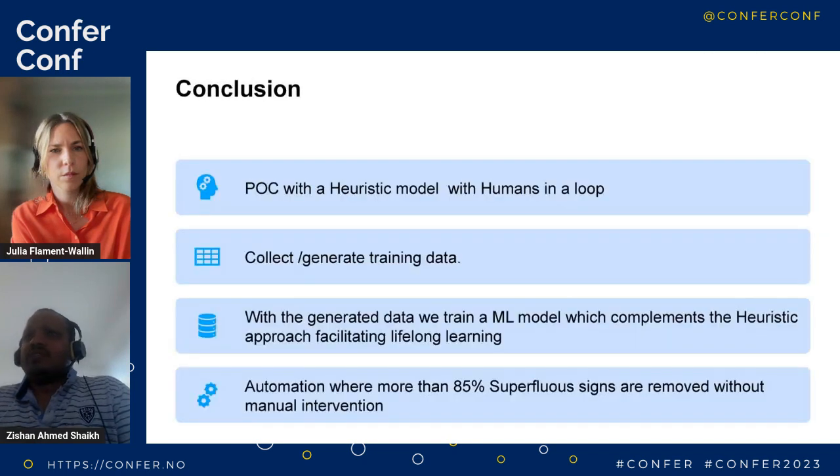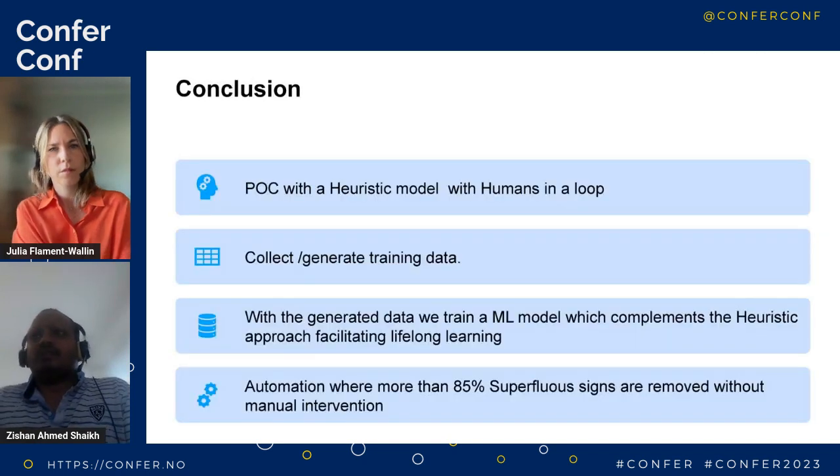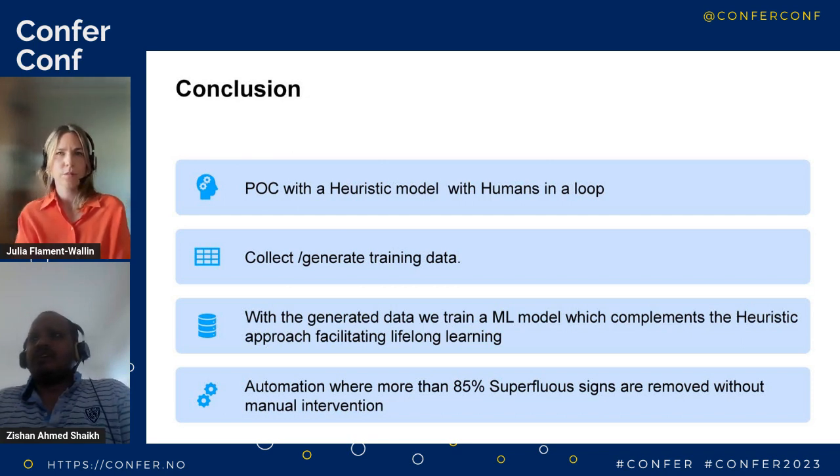Moving on to the next slide, concluding what we presented here and what we have worked on in the last quarters: we initially started with a POC without any machine learning, because we didn't have any ground truth. We started with a heuristic model with humans in the loop, and used this feedback to iteratively improve our process, and also to collect and generate training data for machine learning models.